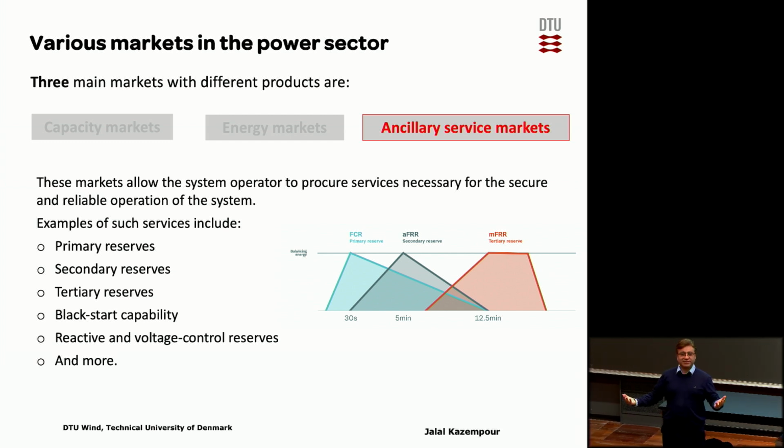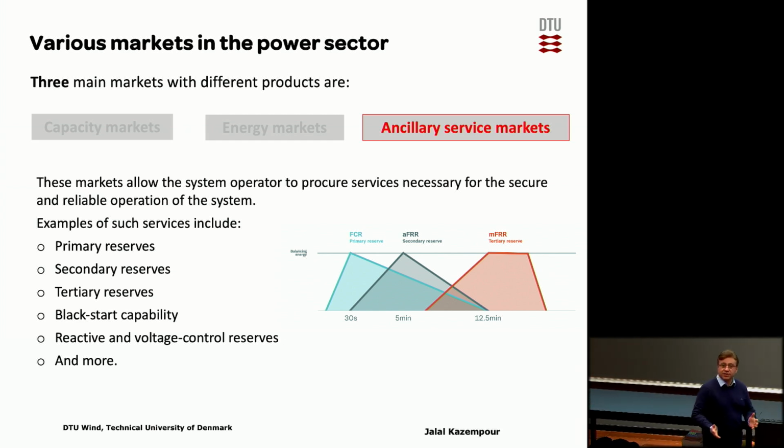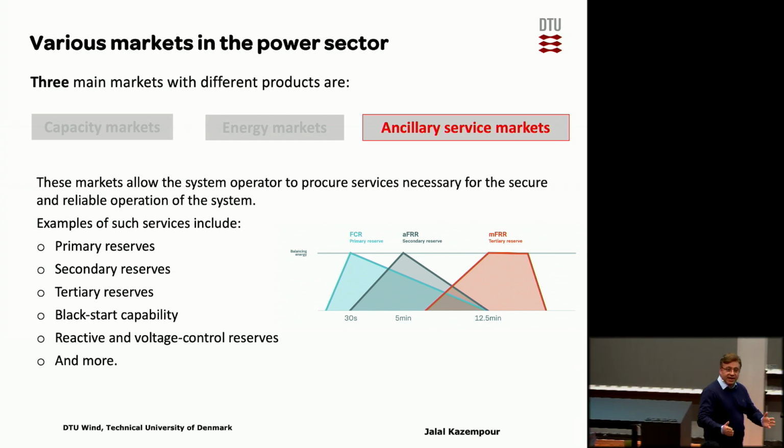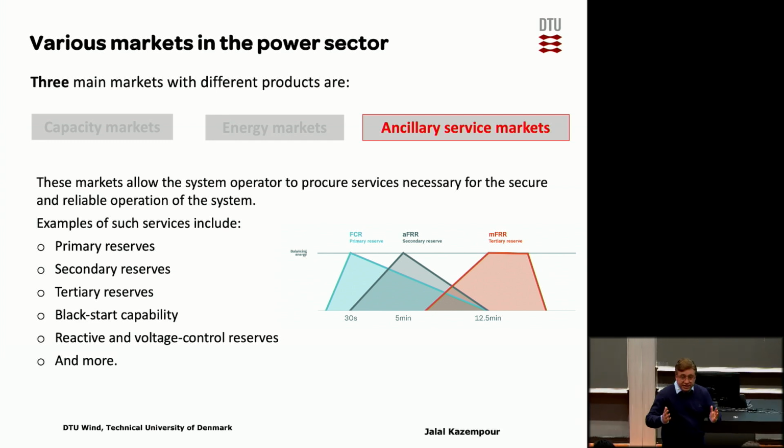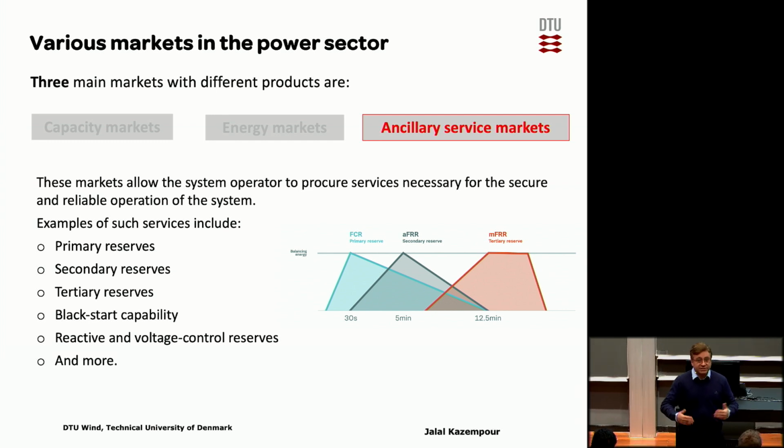Can you just put the system at risk and say, okay, hopefully there will be someone who would increase its production by 2 megawatt in 5 minutes? No. You have to book some people, some assets from a day before, saying be there. If I need any balancing services, I will activate you. And we call it ancillary services.